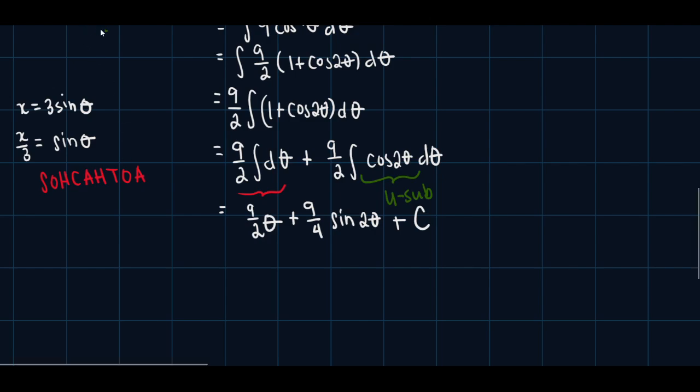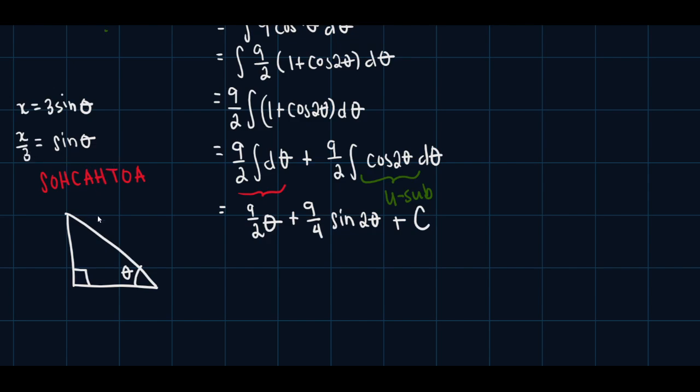So, what we're going to do is we're actually going to draw a reference triangle. So, draw a reference right triangle. Let's set this angle to be theta. Now, we're given that sine theta is x over 3.